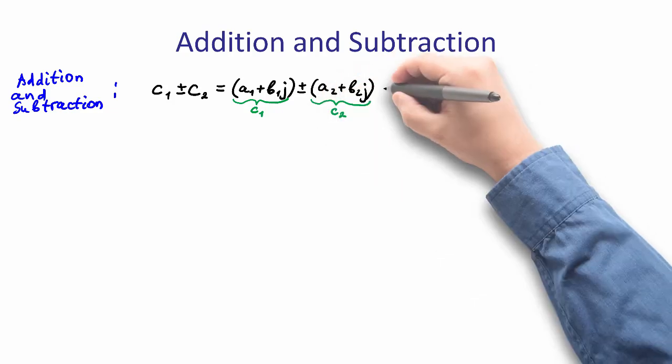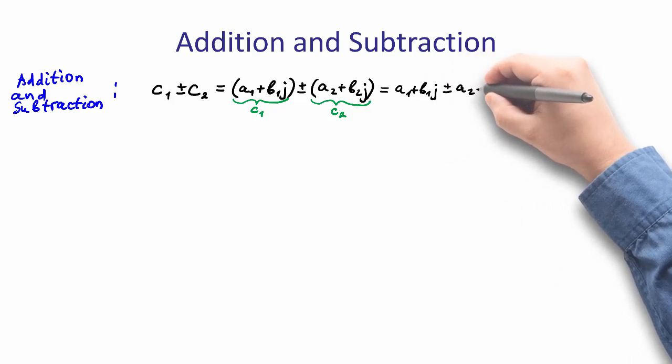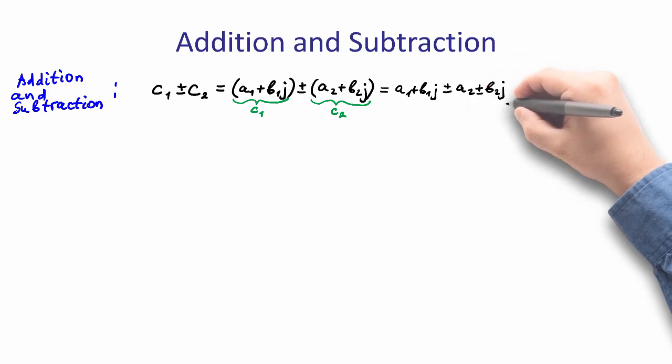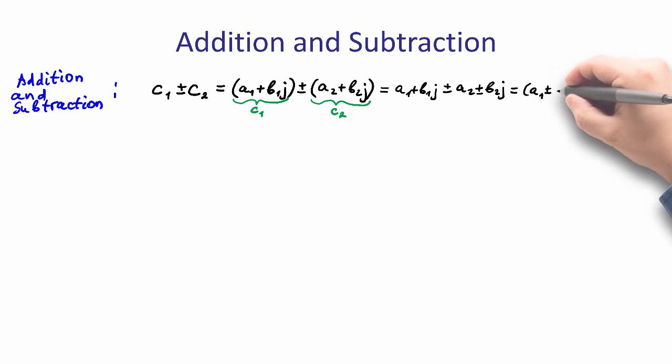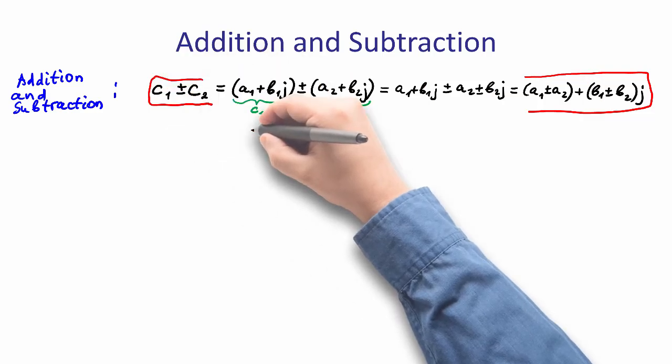Now, if you open the parentheses, this is what you get: a1 plus or minus a2, depending on whether you're doing addition or subtraction, plus b1 plus or minus b2, depending on addition or subtraction, multiplied by j. And this is the result of addition or subtraction.